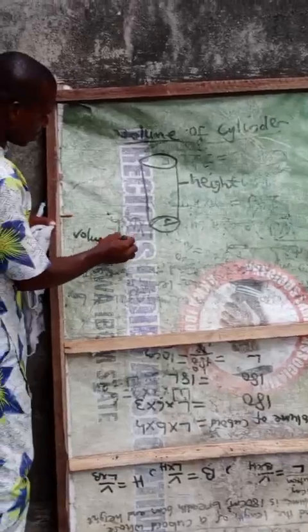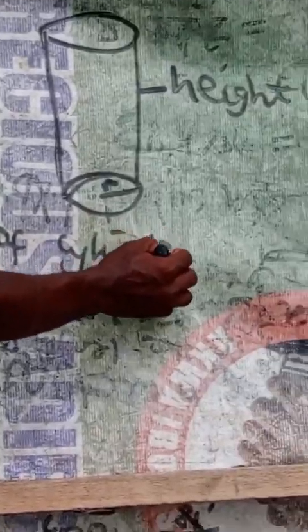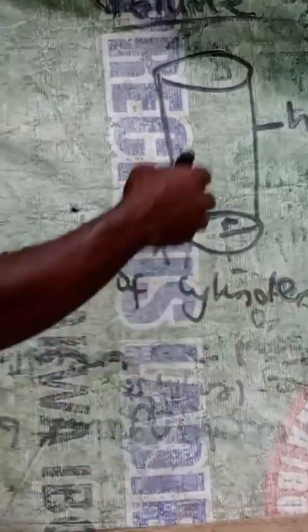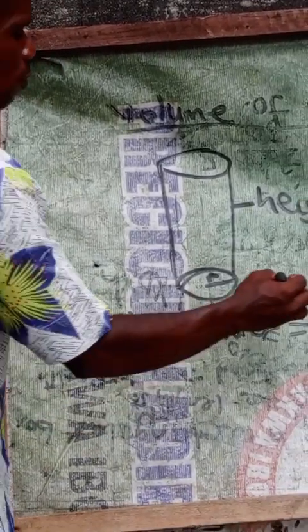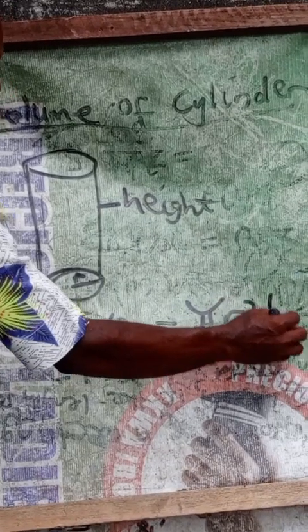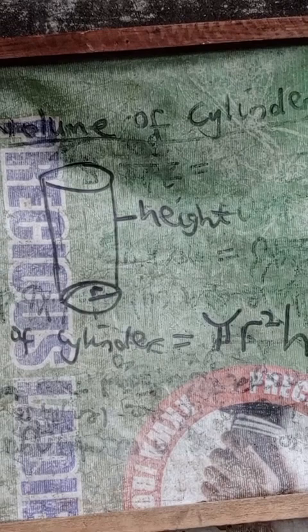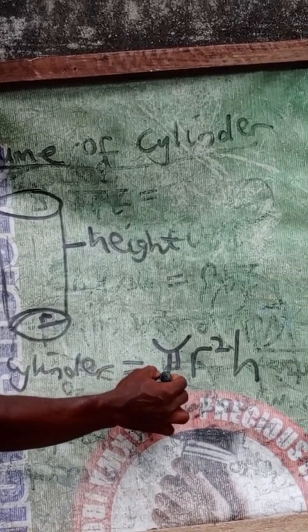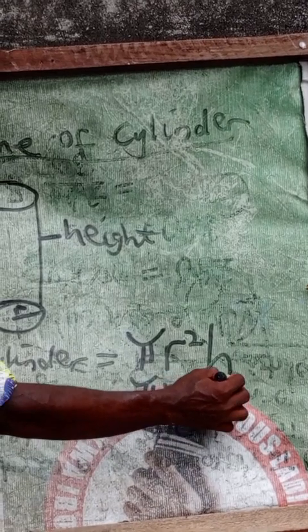Volume of cylinder. Any shape that is cylindrical in nature, you want to know the volume, that is the amount of space inside here. We will use the formula pi radius square height. Pi radius square height, that's the short form. If we want to expand it, then it will be pi times radius times radius times height.